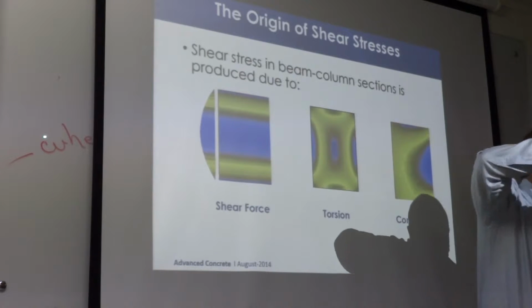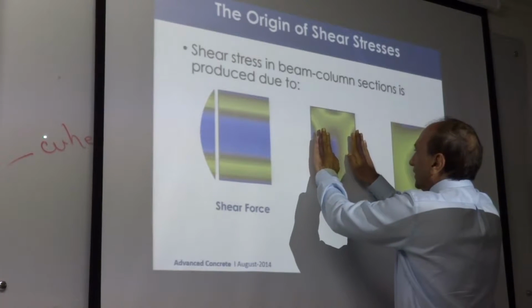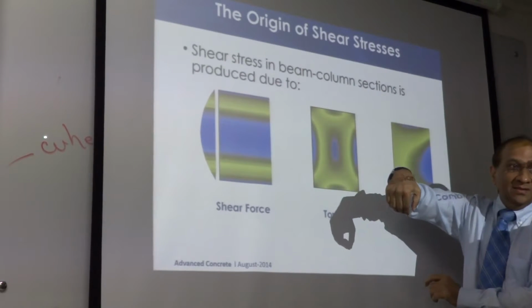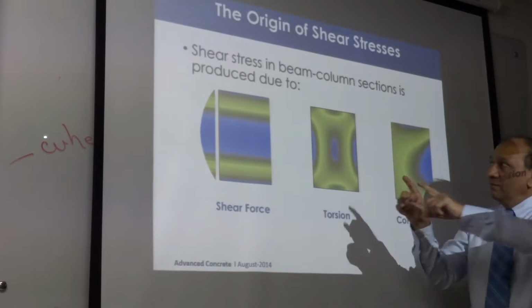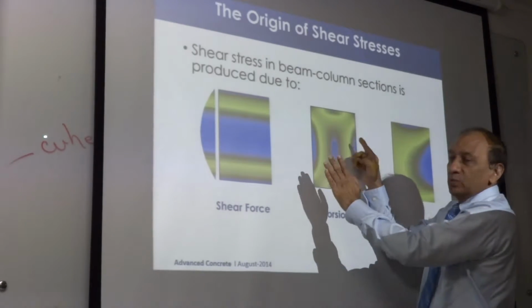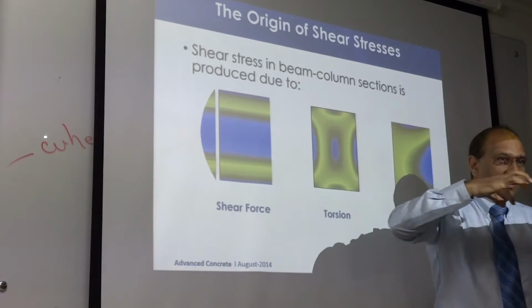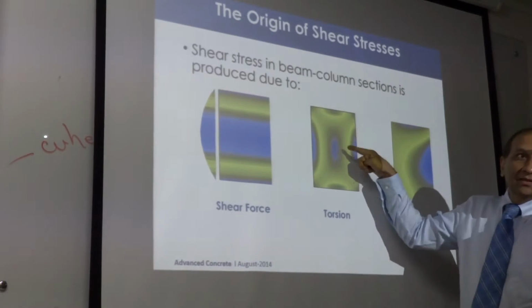When you twist something, the edges of the section all become subject to torsion and shear, but the shear is going to be up and down. So one shear is going to be like this, one shear is going to be like this, because torsion is doing like this. Torsion is a couple, a moment on the section. One part of the section will try to resist this way, another one this way. So an internal couple will be made in the section from the shear stresses, acting counter to the torsion.